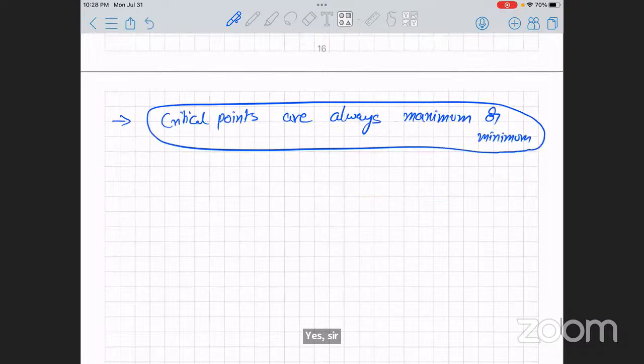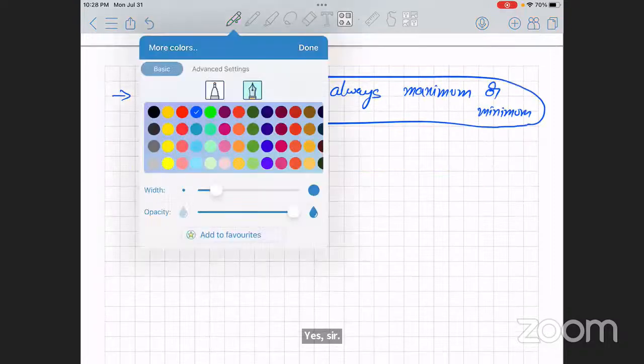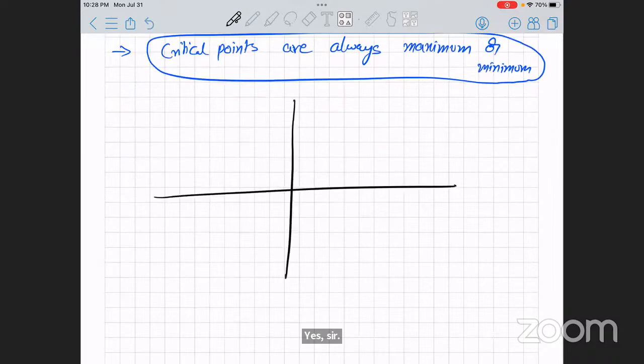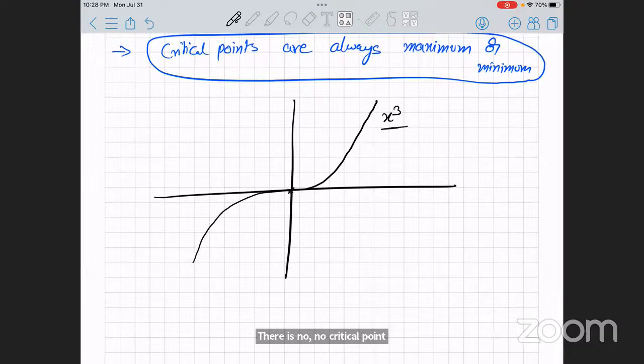But our friend Shantanu showed a graph, something like this. This is the x cube graph. What is the critical point here? Zero. There is no critical point, it is an increasing function, no minimum. What is the critical point?